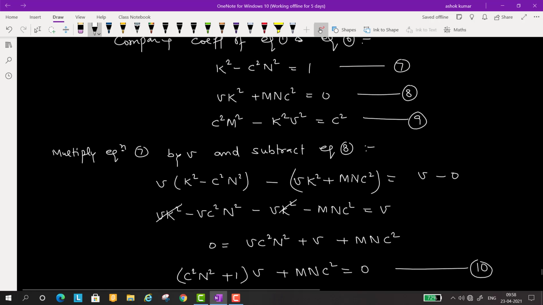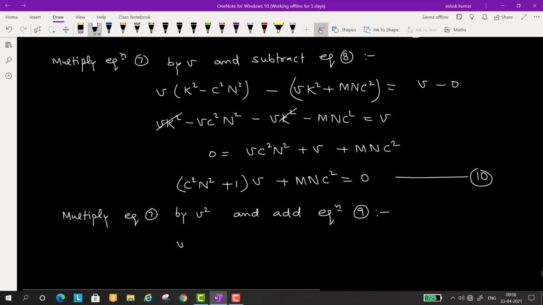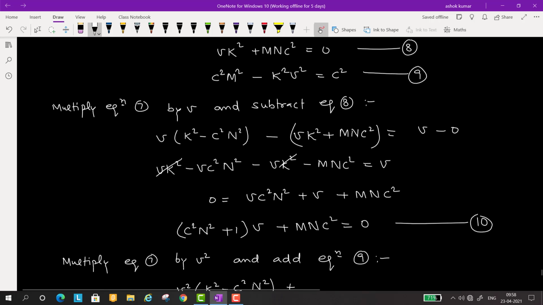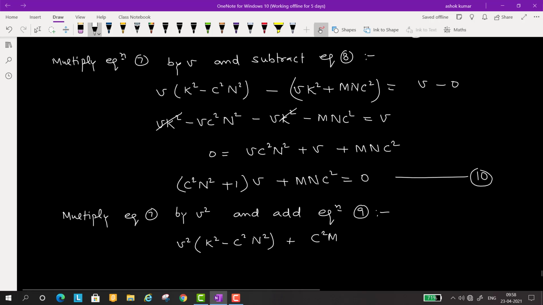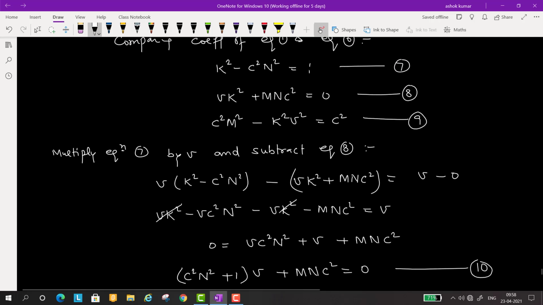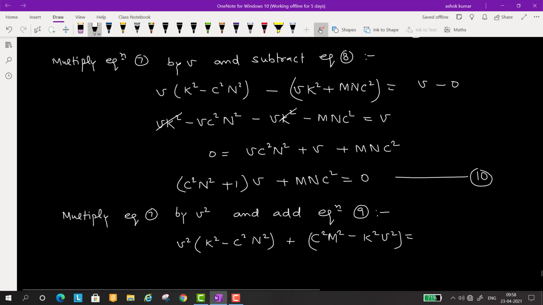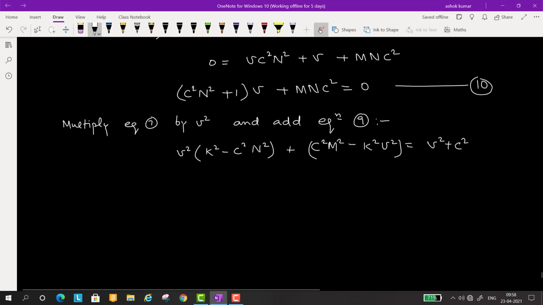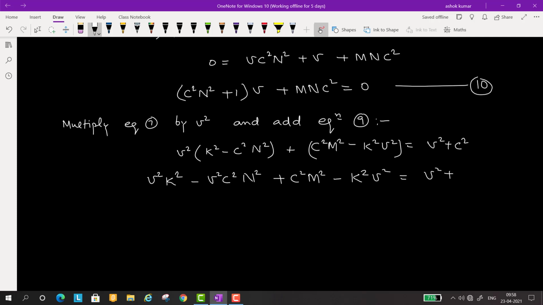So when we multiply by v square, it will be v square k square minus c square n square, plus we have to add equation number 9, c square m square minus k square v square, and when we multiply this by v square, it will be v square plus c square. So now open the bracket, it will be v square k square minus v square c square n square, c square m square, k square v square plus c square. These two terms they will cancel out.